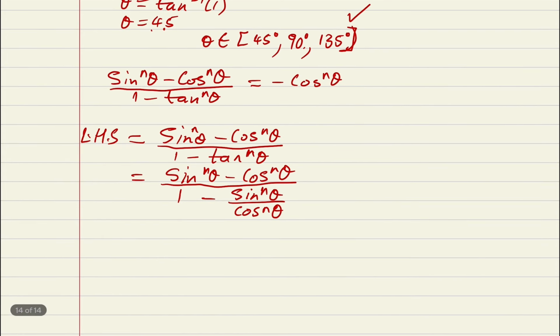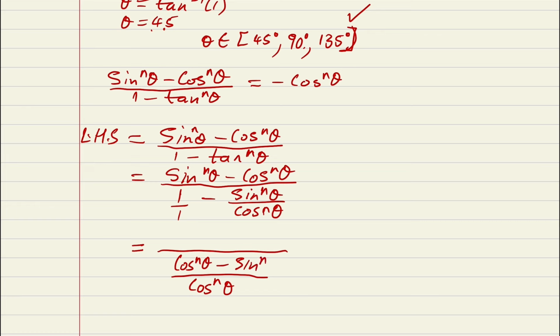Then from here, I know that this alone is all over 1. I can look for the LCD here. So on the denominator, I will have cos of n theta, then cos of n theta minus sine of n theta.